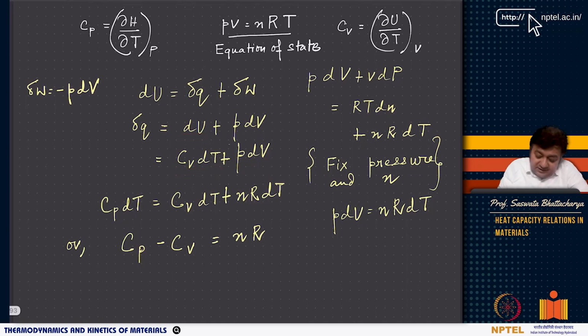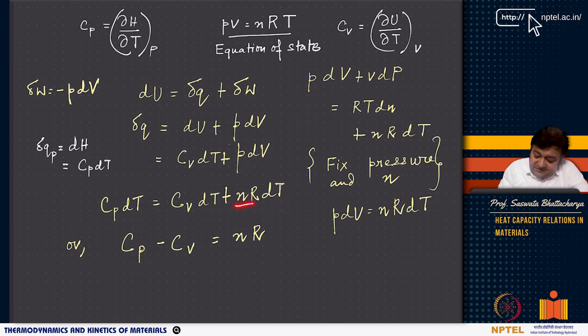Now if I say constant pressure, that means P is constant, then delta Qp is nothing but dH, which is nothing but Cp dT. So dU is Cv dT and delta Q is Cp dT. You have dT everywhere, so Cp dT equals Cv dT plus PdV.